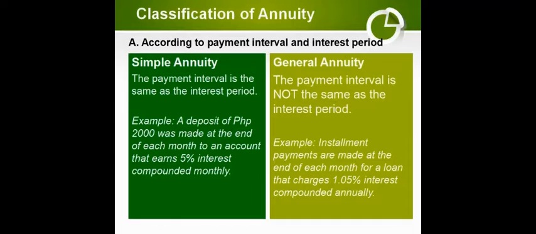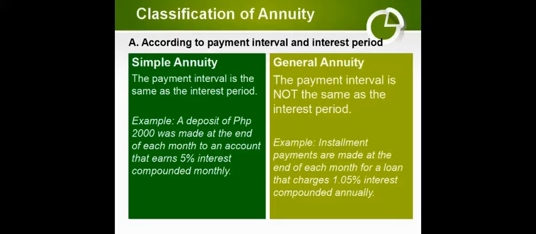We have the classification of annuity. First, according to payment interval and interest period. So pag sinabi mong according to payment interval, in simple annuity, the payment interval is the same as the interest period. For example, monthly ka magbabayad.